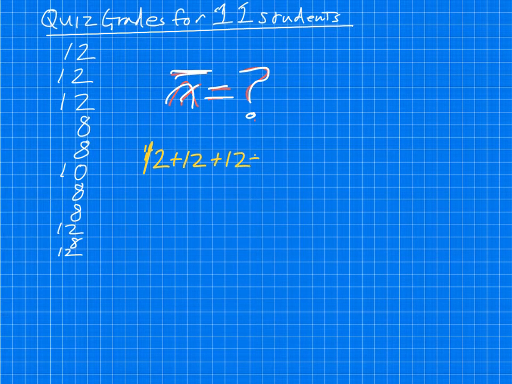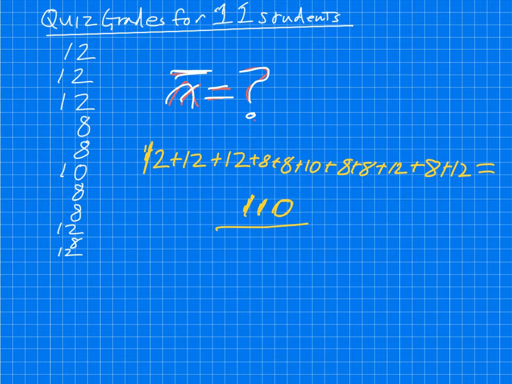I'm going to add all my quiz scores together. 8 plus 8 plus 10 plus 8 plus 8 plus 12 plus 8 plus 12. And when I do that, that gives me 110. So I've added up all my quiz grades. Then I'm going to divide by my number of students.